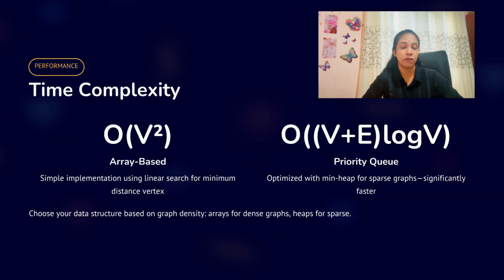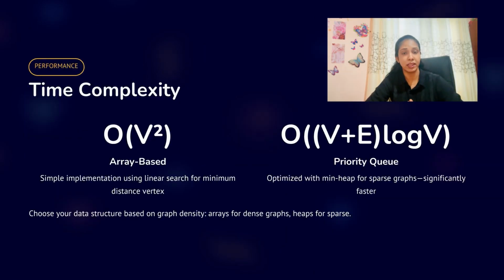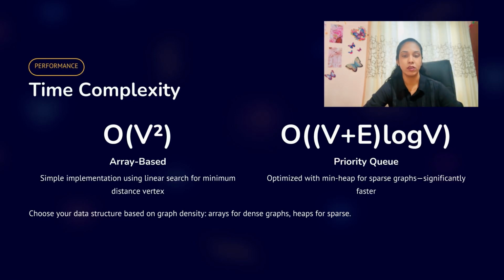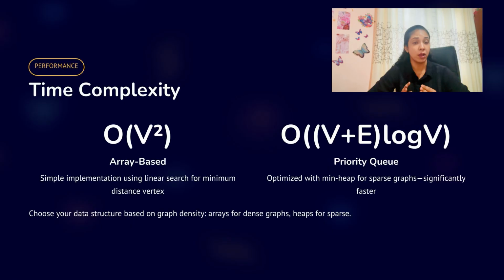Then, performance. The time complexity depends on implementation. Using arrays, it is O(V squared). Using a priority queue, it becomes O((V plus E) log V), which is much faster for large graphs.